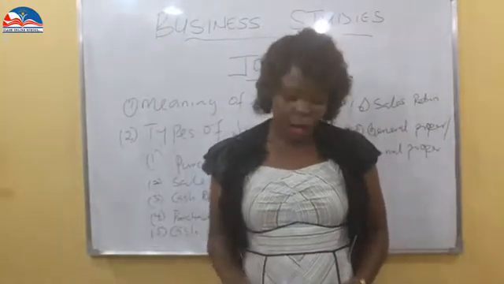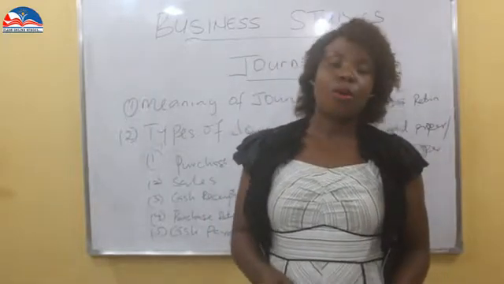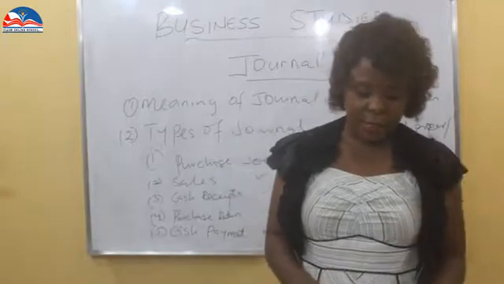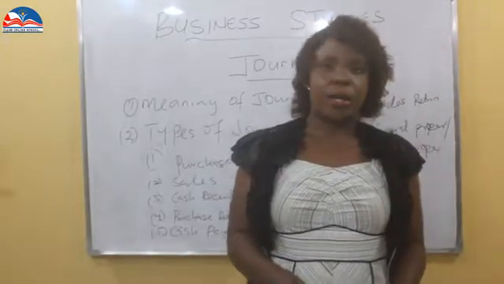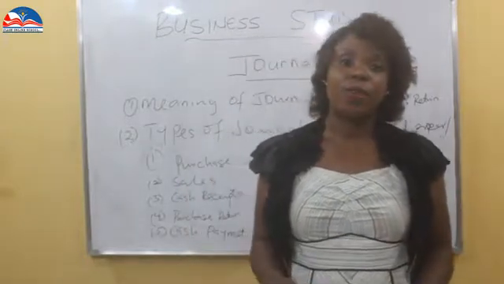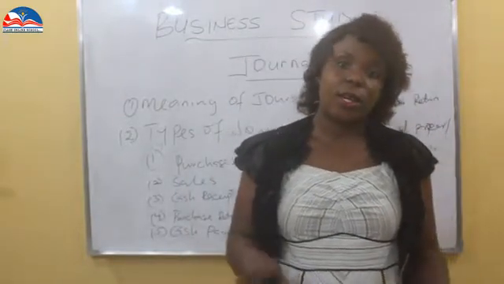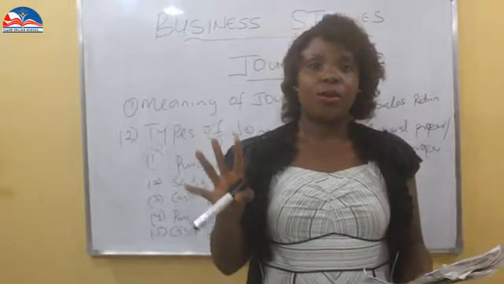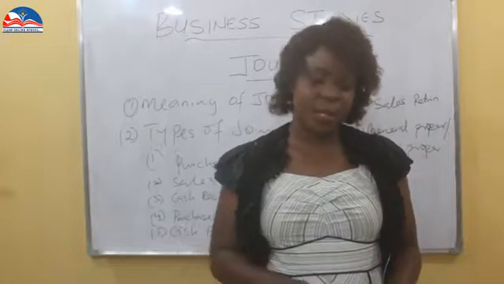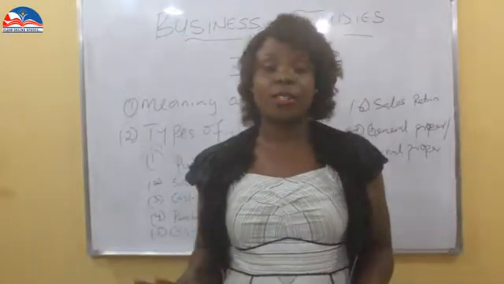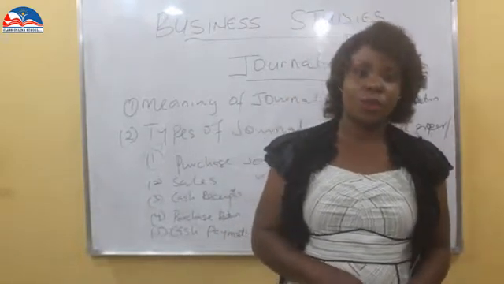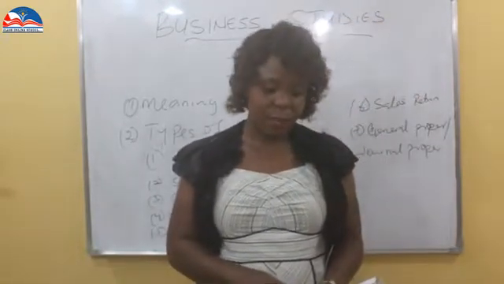So a journal is a book of original entry that explains in detail the financial recordings of an organization. A journal is an original book of accounts that explain in detail the financial transactions that took place in an organization or in a business.